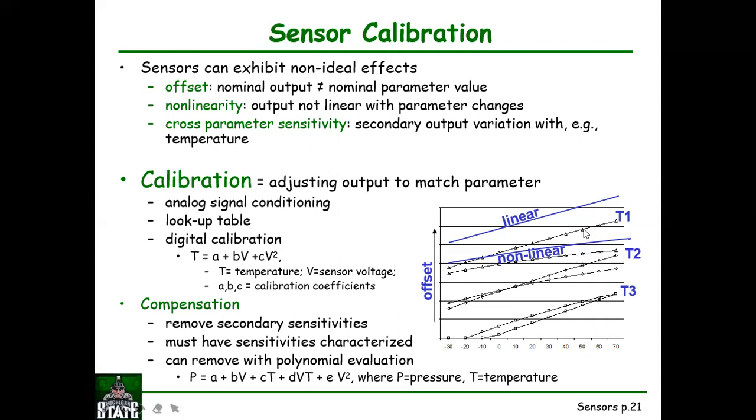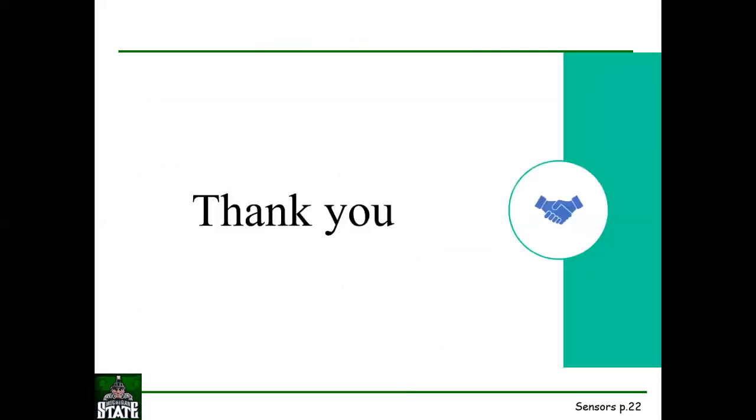What does it mean? It means there is a non-linear property in your sensor. Okay, so these are some more points for sensors. The included parameters are also important to understand.